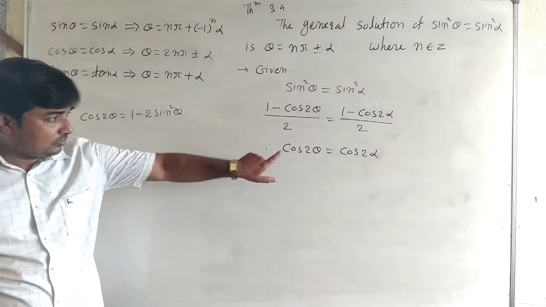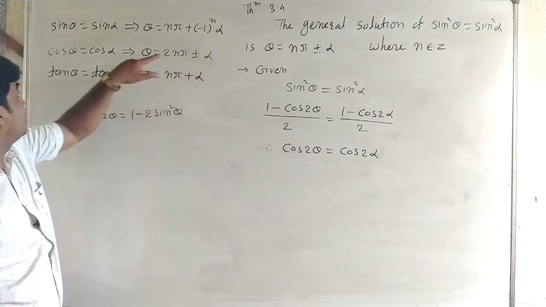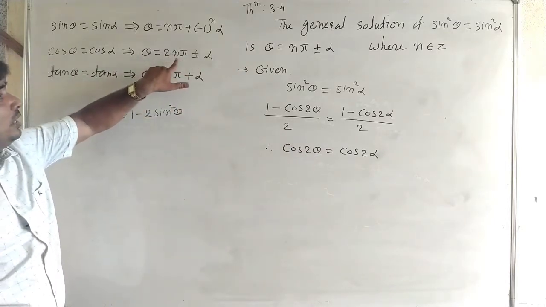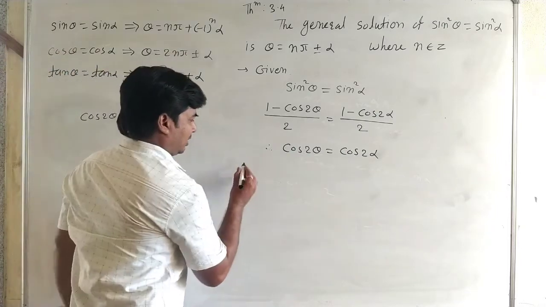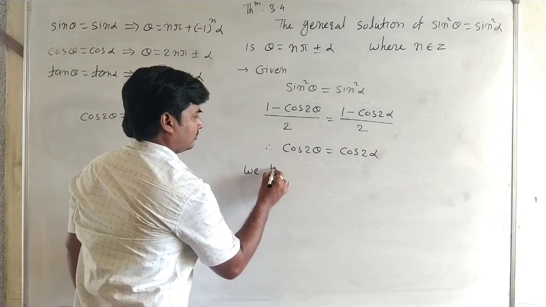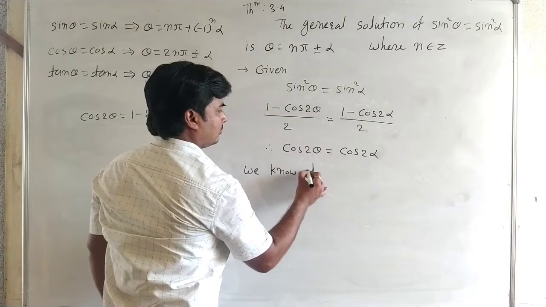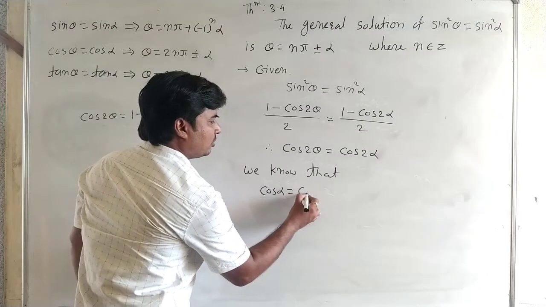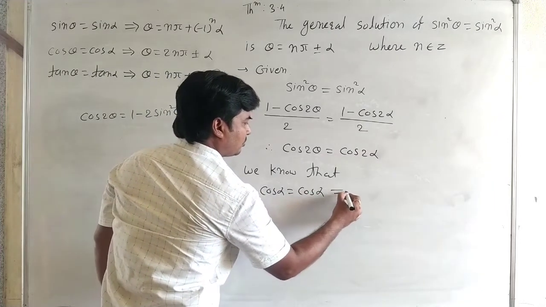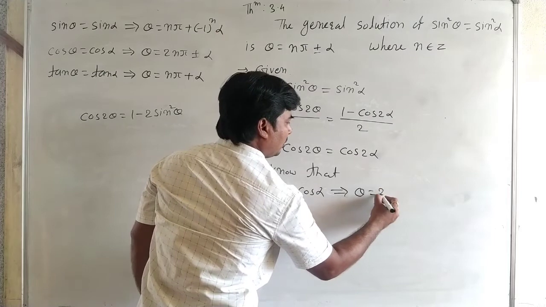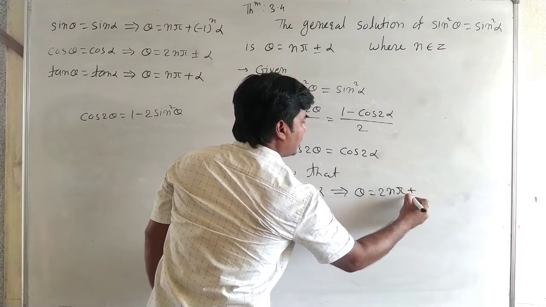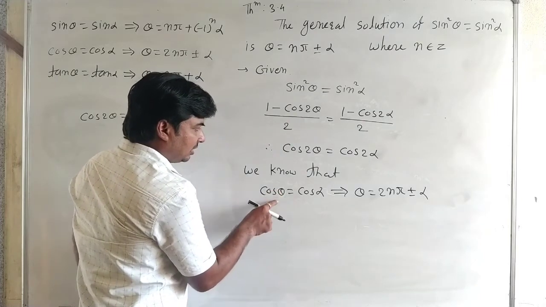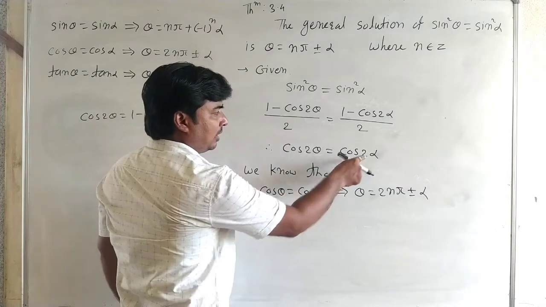And now it is cos theta is equal to cos alpha type equation. It is a general solution. When cos theta is equal to cos alpha, theta is equal to 2n pi plus or minus alpha. Here theta is replaced by 2 theta and alpha is replaced by 2 alpha.